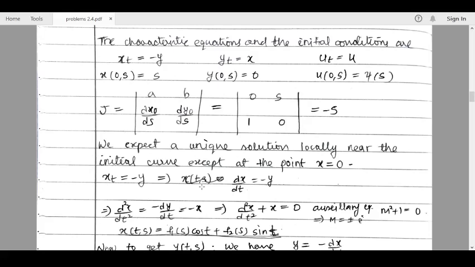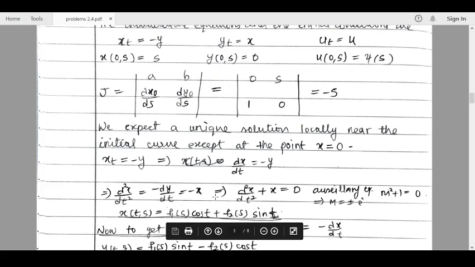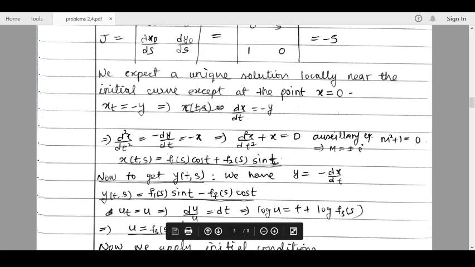So we see that we have to solve this equation. So we have x_t equal to minus y, which is nothing but dx by dt equal to minus y. Now if we cannot directly do this, what we will do is convert it into a second order ODE by differentiating this equation once again with respect to t.